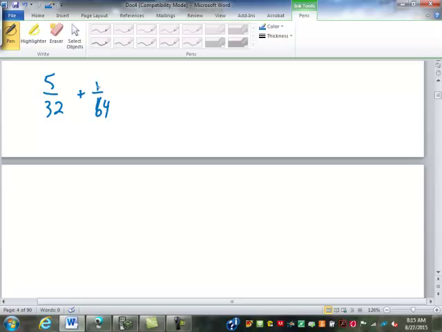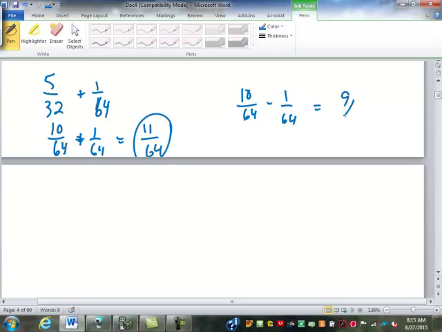Add a 1/64 of an inch. So of course you're in common denominator. This is 10/64 plus 1/64 is going to be 11/64. If you wanted the next tool smaller, well, it's 10/64 minus 1/64 would be 9/64.